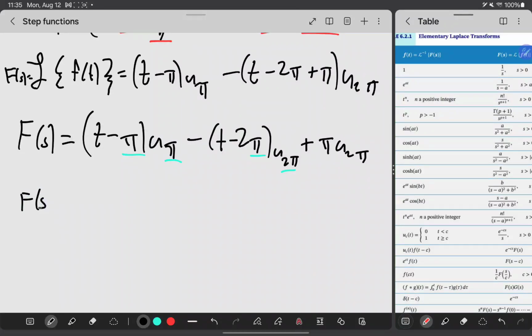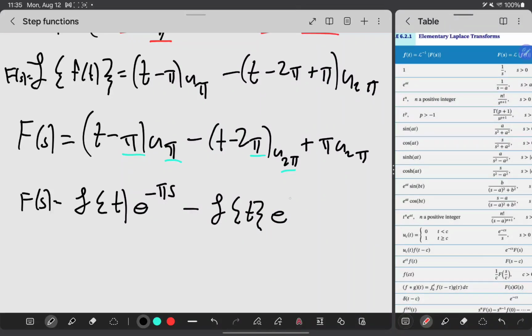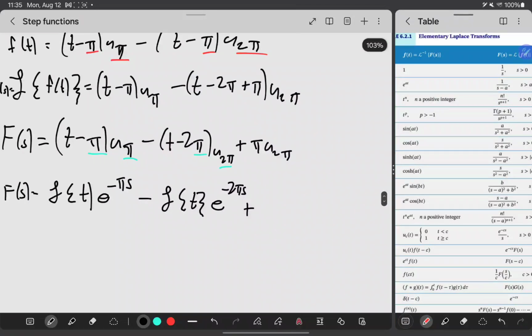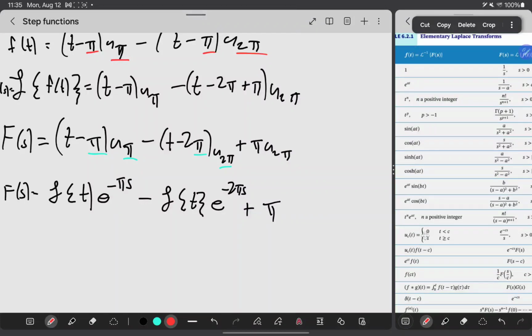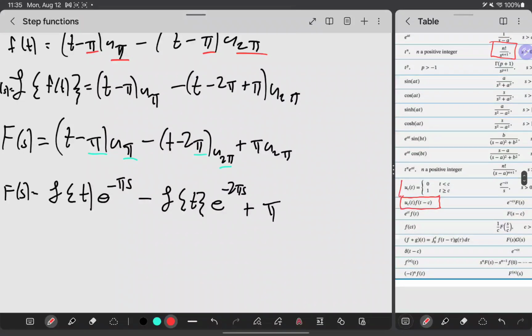So we're going to have the Laplace of t times e to the minus pi s, minus the Laplace of t again, e to the minus 2 pi s, and then we have plus, that's just pi times, and we look at this one over here now. Now we're looking at this one over here.